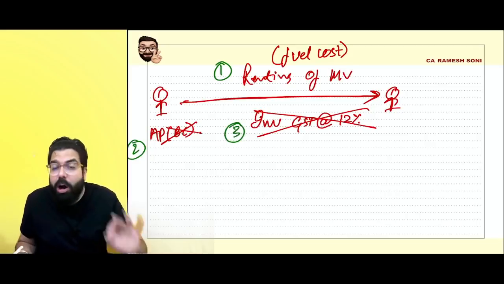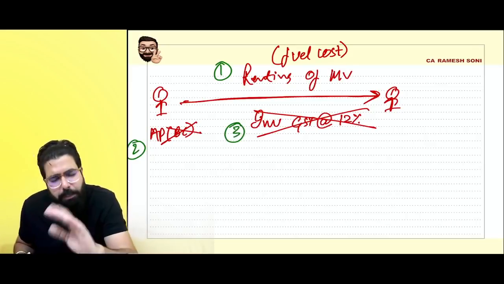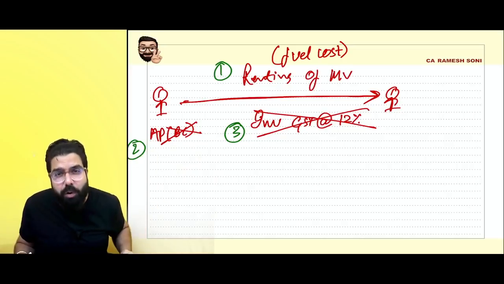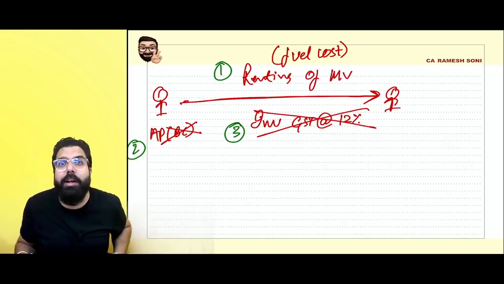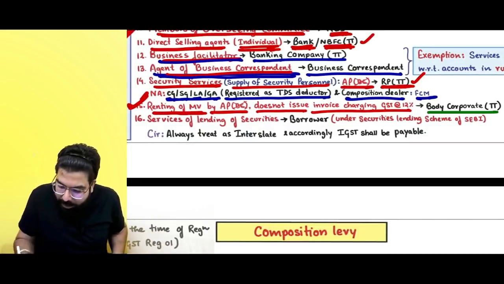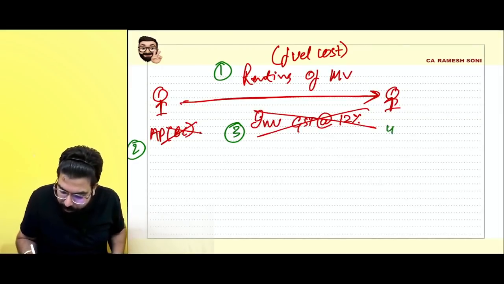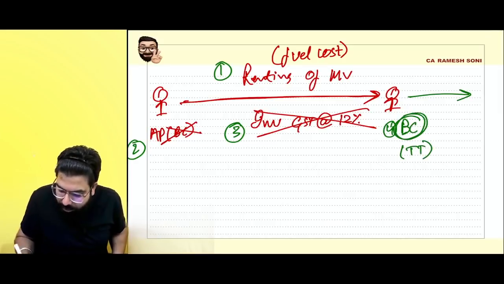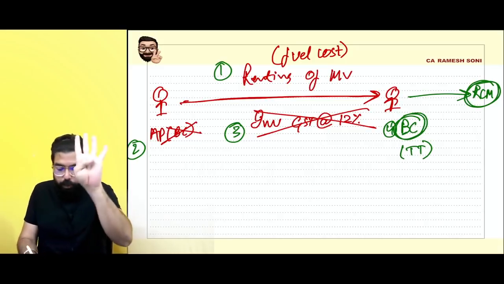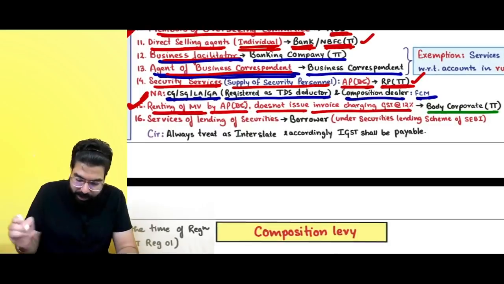Number three, he has not issued an invoice charging 12%, meaning either he has issued a bill of supply, or a commercial invoice, or an invoice charging 5%. The fourth category is that the recipient should be a body corporate in the taxable territory. Then the recipient has to pay the GST under RCM. Four things to be seen in the exam, be very careful. Yes sir, point is clear.